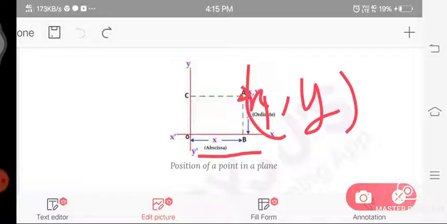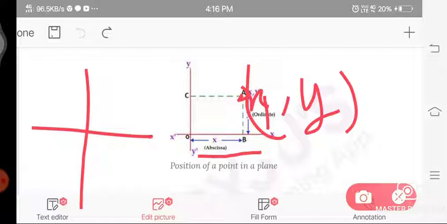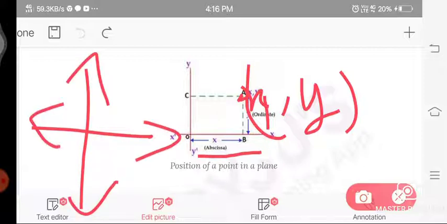How can we plot a point on the Cartesian plane? Let us plot (+1, +2). Starting from 0, here is 1, 2.